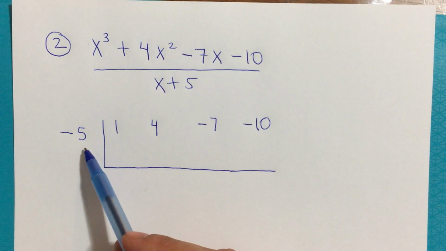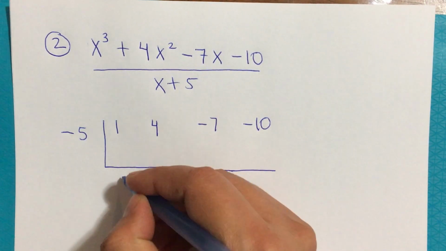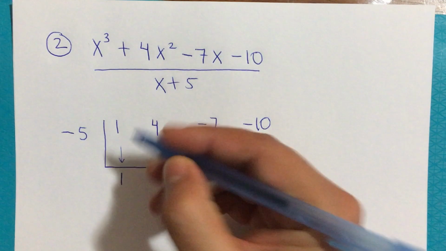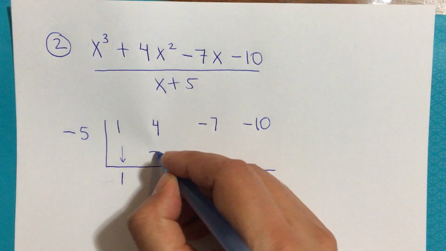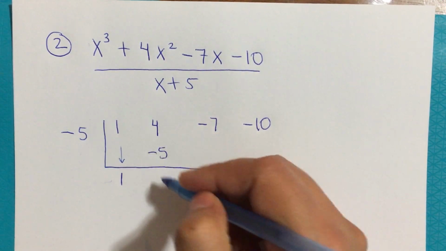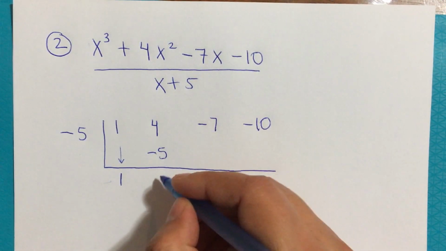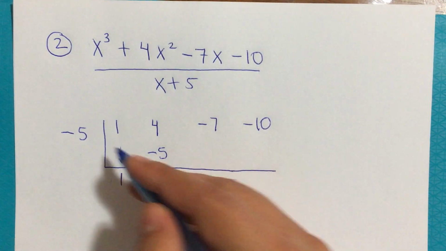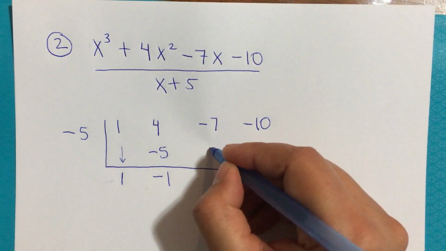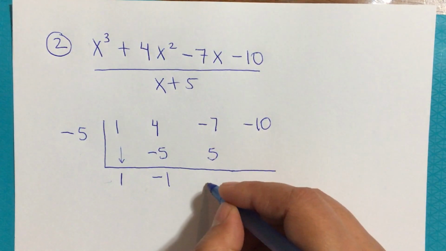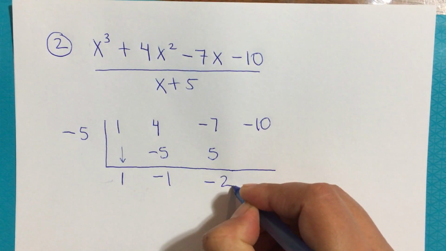The next step is to just bring down this 1 in here and multiply. -5 times 1 is -5. We add this, and 4 and -5 is -1. We multiply. -5 times -1 is 5. We add, and I get -2.